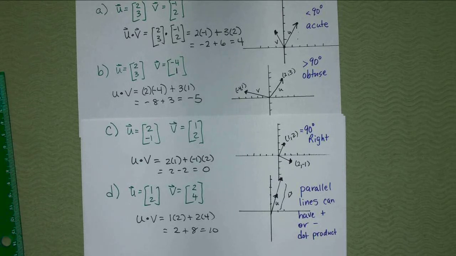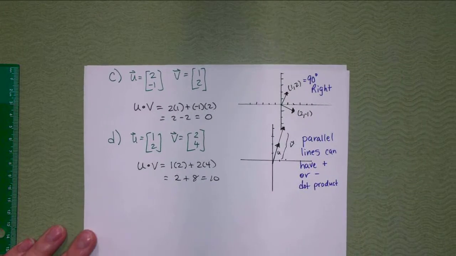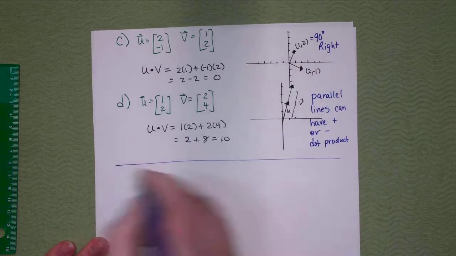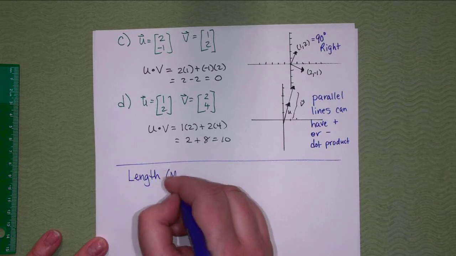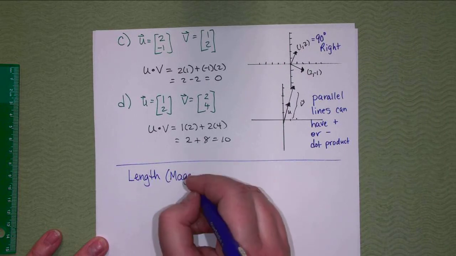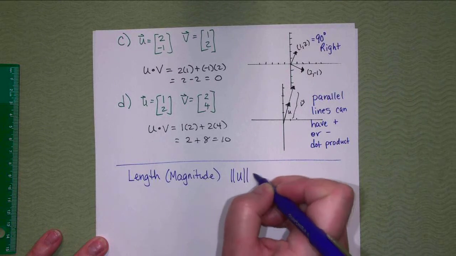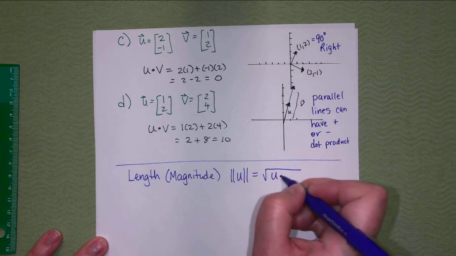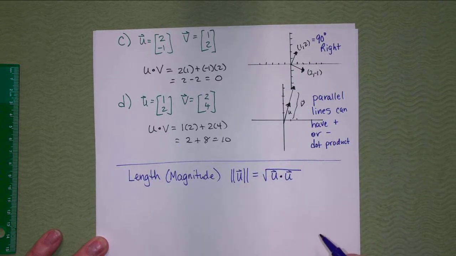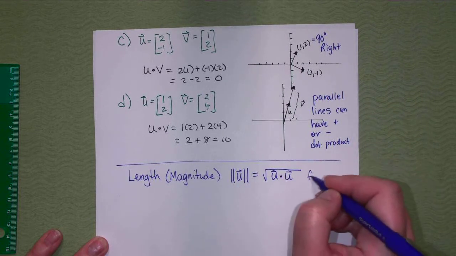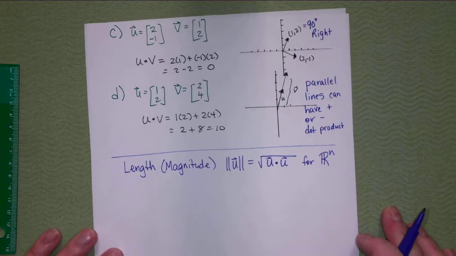So the length, I said this had something to do with the length, and that is that the length of a vector, also called the magnitude, is the square root of the dot product of the vector with itself, for any vector size, for any vectors.